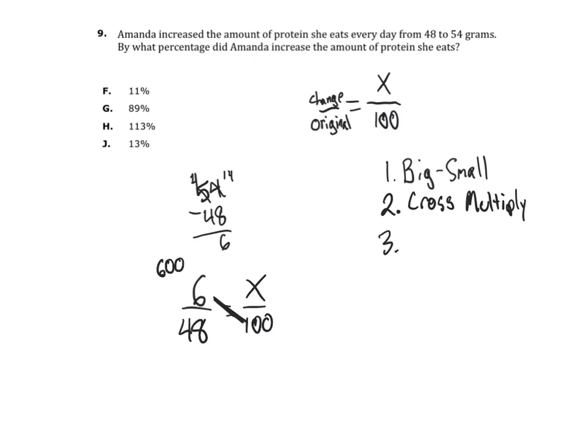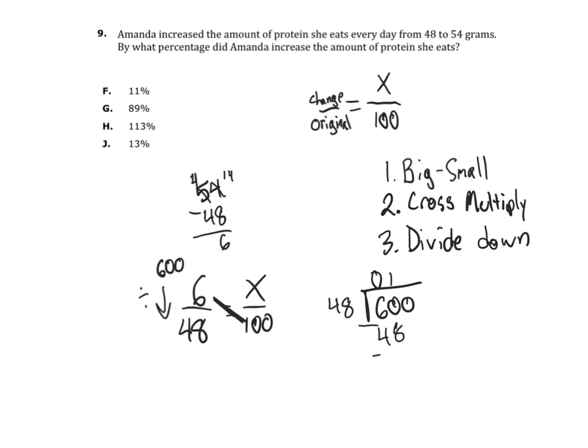And step 3 is going to be divide. Divide down. Okay, so we're dividing down. Top in, bottom out, so that's 600 divided by 48. 48 goes into 6 0 times, into 60 once. I need to borrow.